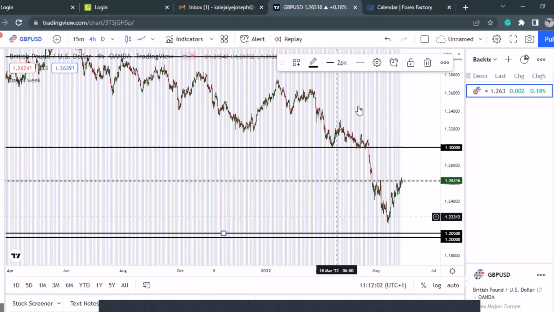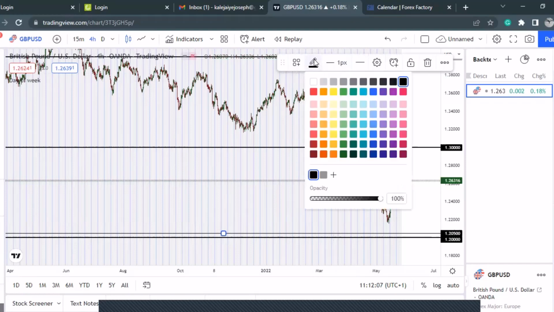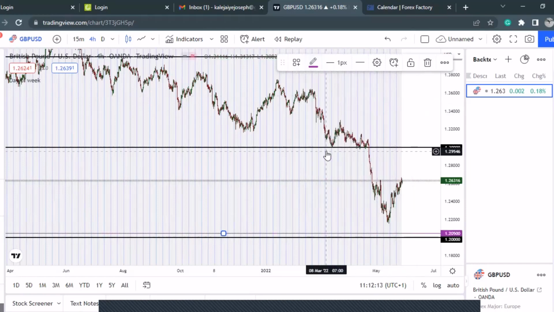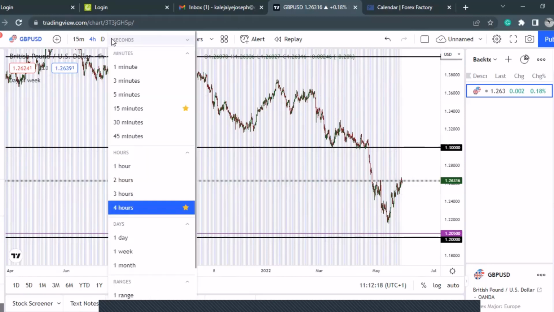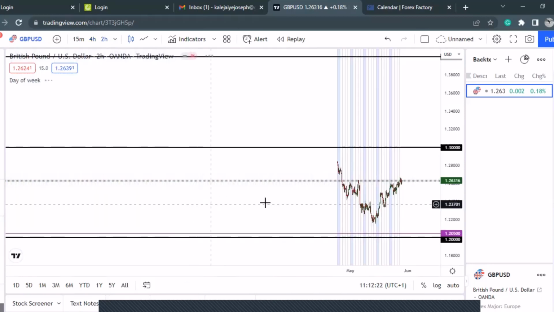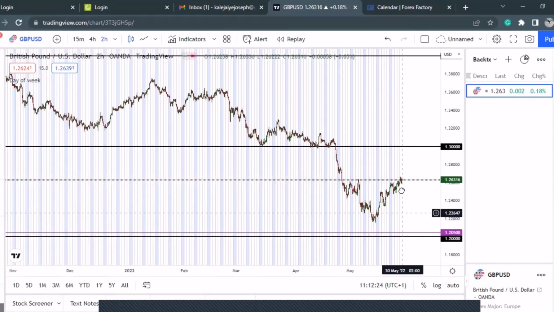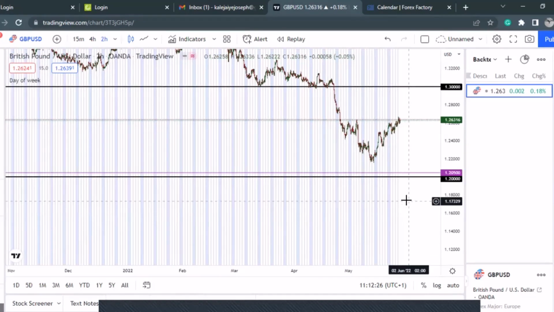I'm going to reduce this, make it just 1 pixel. Let me go to the 2-hour time frame, just so that it helps with snapping.